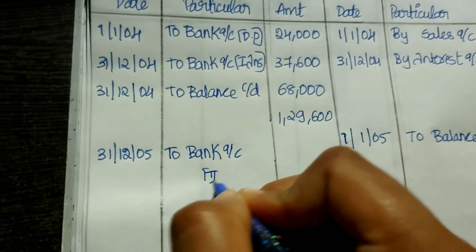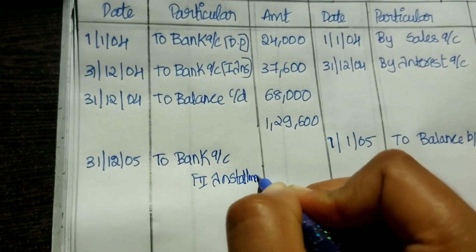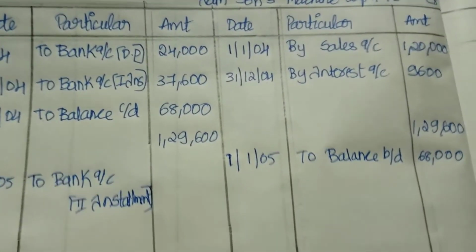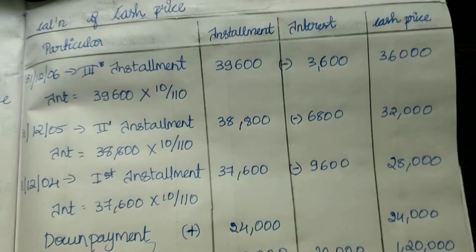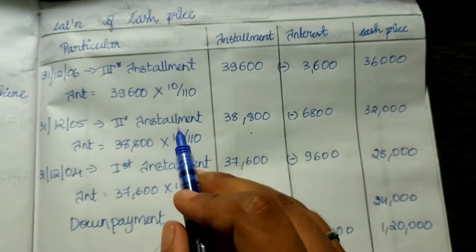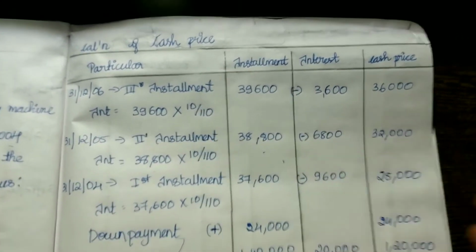The second installment you paid was 38,800 and the interest is 6,800.